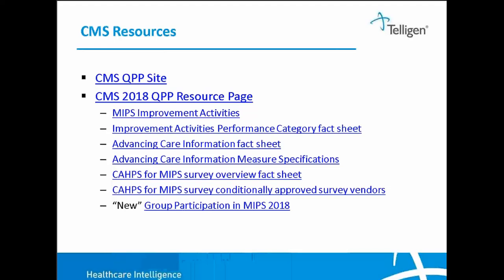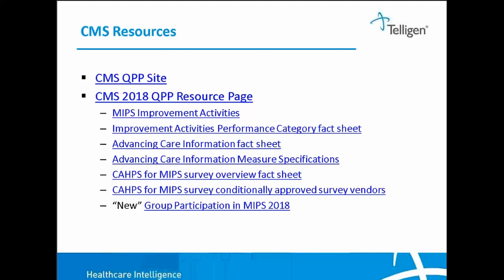By participation in the ACO or the Advanced APM, you would automatically get full credit for the improvement activities. And then the ACI, or the PI, the Promoting Interoperability category, is the one most ACOs are requesting that their TIN organization submit, as a group, because it will be group level reporting.